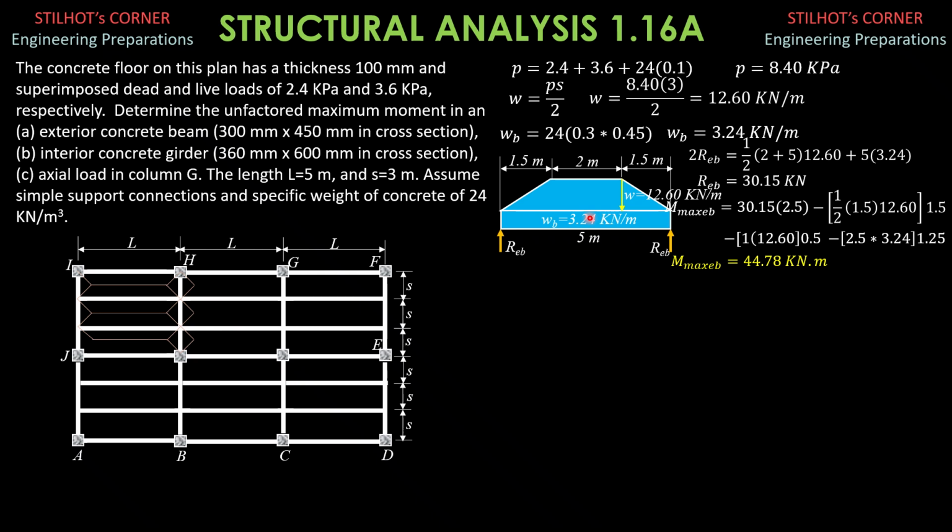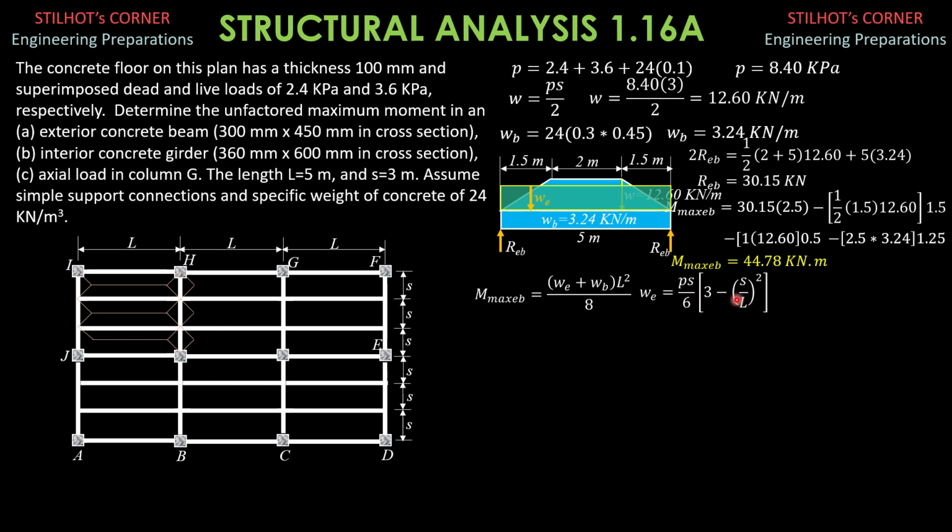Another approach is to compute the equivalent loading for this trapezoidal loading here, and we will call that WE, as shown. Therefore, the maximum moment, the total uniform load is WE plus WB, then L squared over 8. So max moment in the exterior beam is quantity WE plus WB times L squared over 8, where L is 5 and WE is given by PS over 6, quantity 3 minus quantity S over L squared.